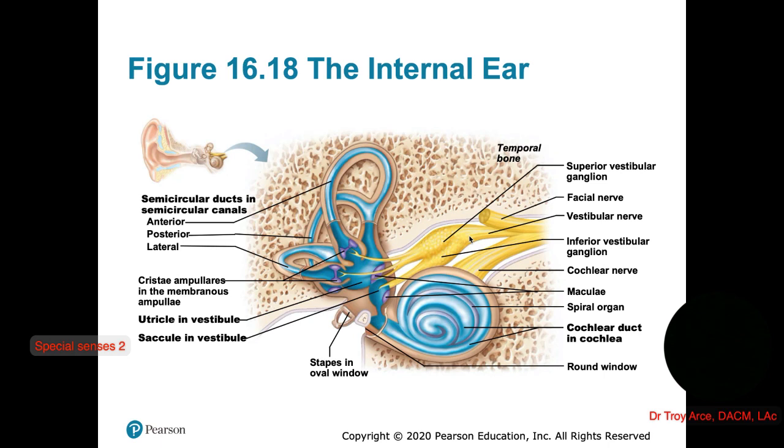You keep coming back to this. As you can see, the big nerves, the facial nerve, which actually diverts from there, doesn't actually go into the cochlea. But you have your inferior vestibular ganglion, your cochlear nerve, and the cochlear nerve is the main cranial nerve that it's connected to.